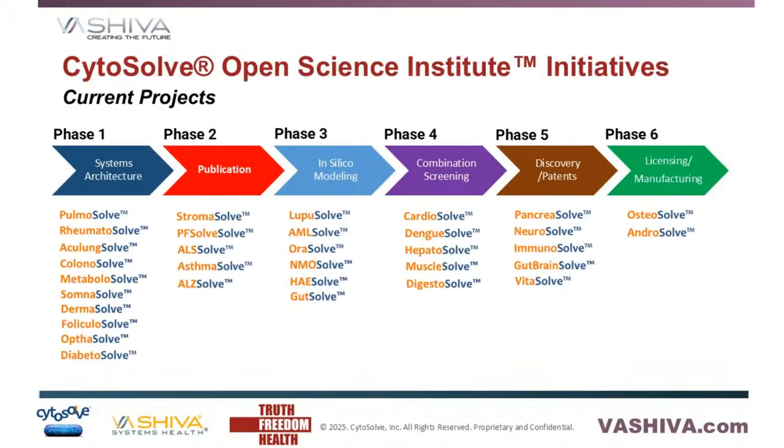Right now, you can see we have many different areas of health, disease, and well-being that are in different phases of development. Phase 1, Phase 2, Phase 3, Phase 4, Phase 5, Phase 6. In Phase 6, we've already developed 2 very powerful products. We have about 5 different discoveries we've made, which have gotten patents. In Phase 4, we're doing actual screening.